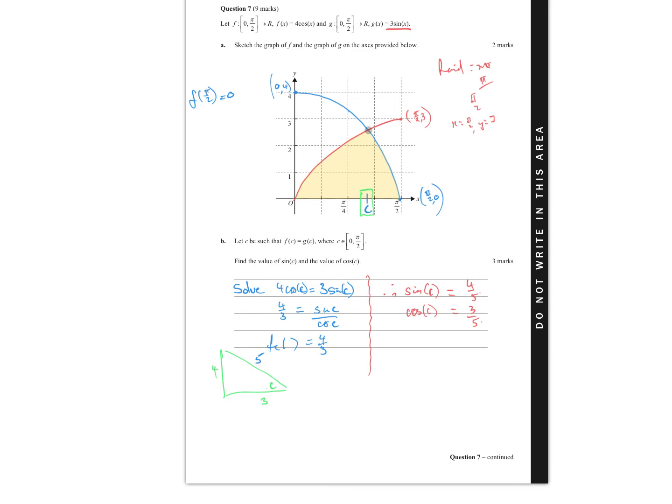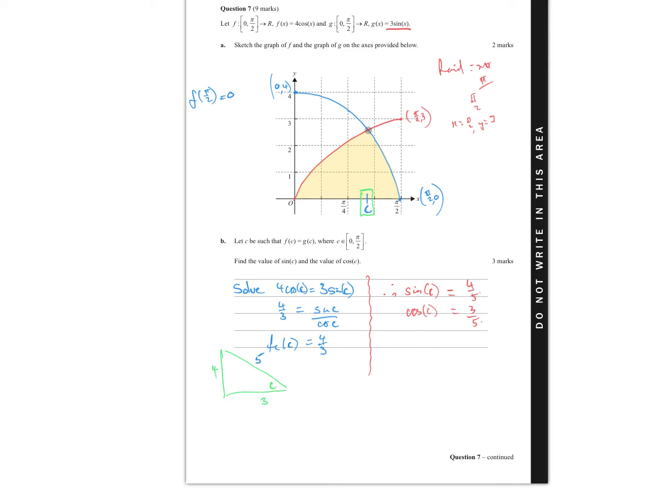All right. Find the values of sine c and the value of cos c if f of c is equal to g of c. So solve the two equations equal to each other. So I get 4 on 3 is equal to sine c on cos c, which means tan of c is equal to 4/3.